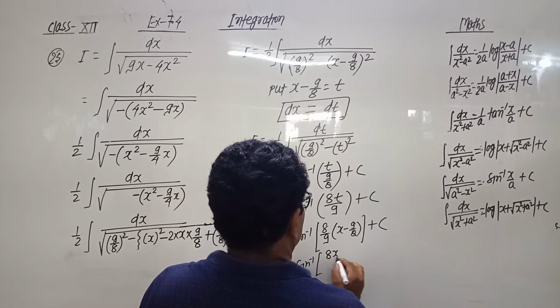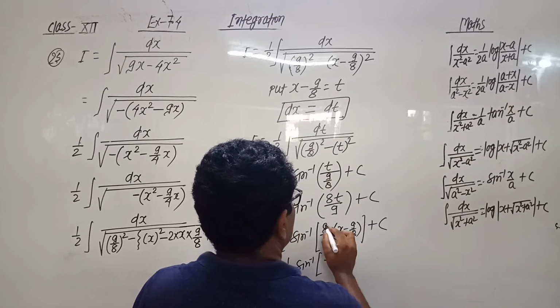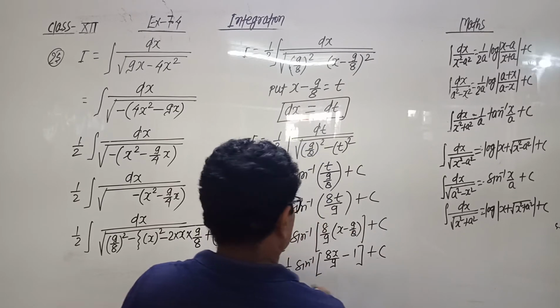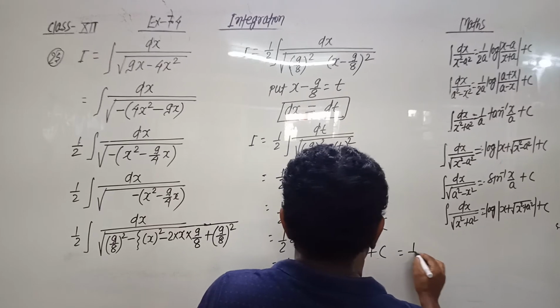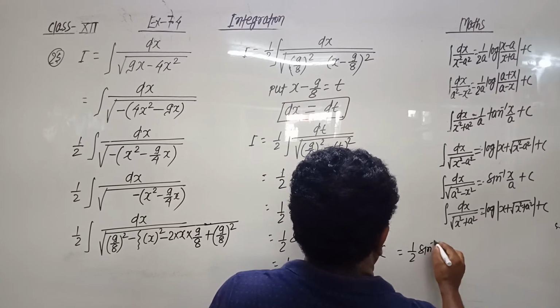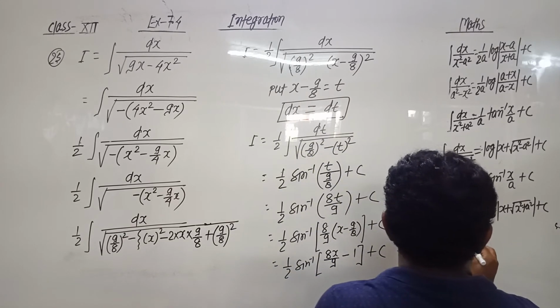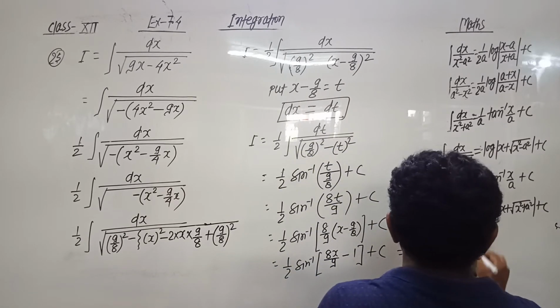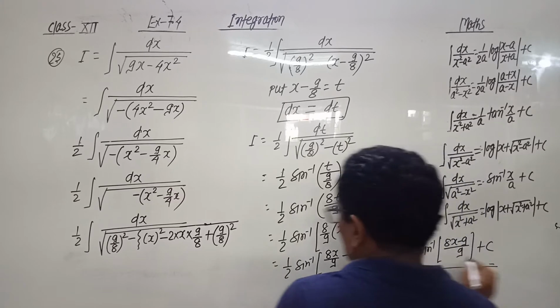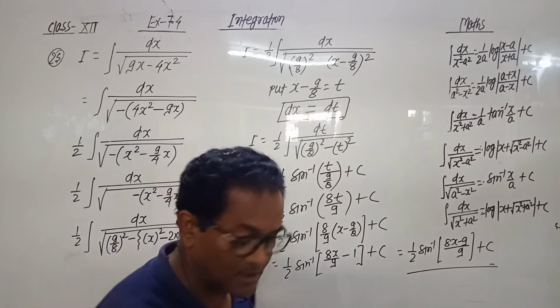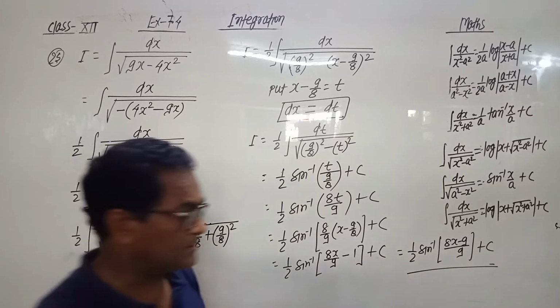So 8x by 9 minus 8 by 9 into 9 by 8, it gets cancelled, plus c, which equals 1 by 2 sine inverse (8x minus 9) upon 9 plus c. So the correct option is 1 by 2 sine inverse (8x minus 9) upon 9 plus c. B is the correct option.